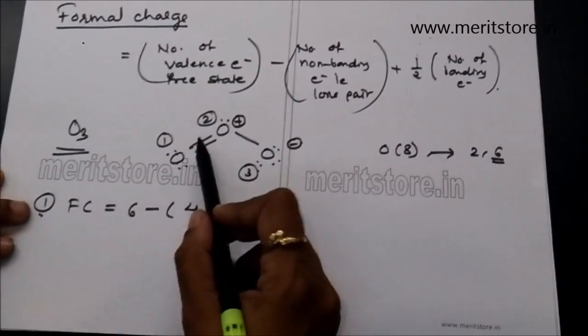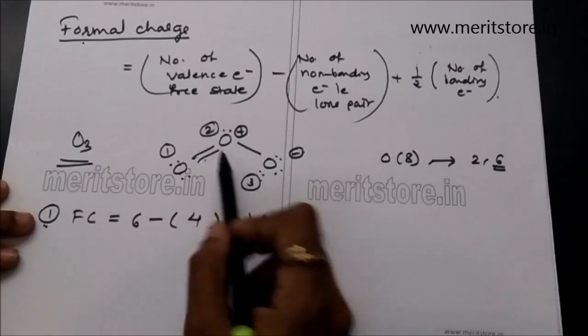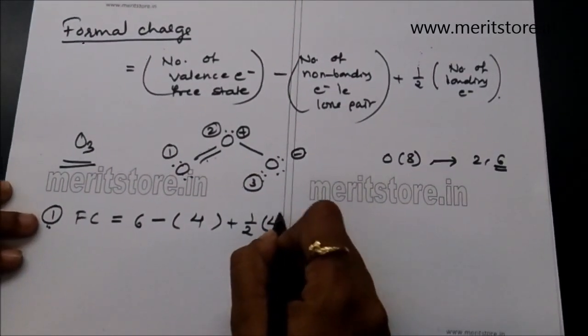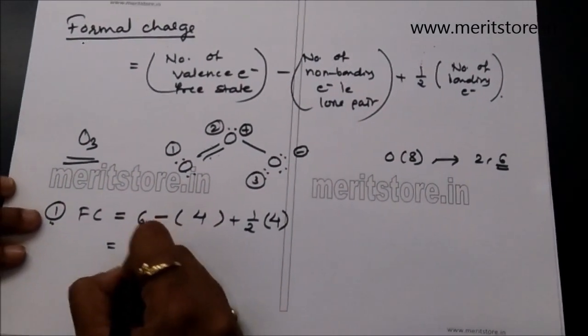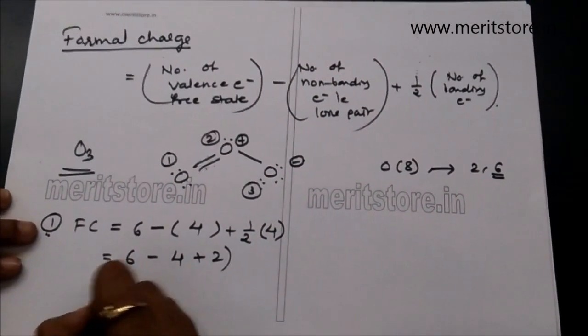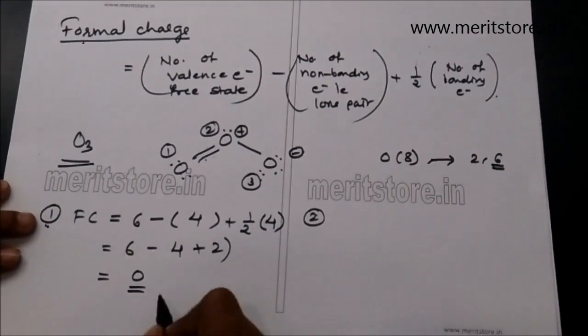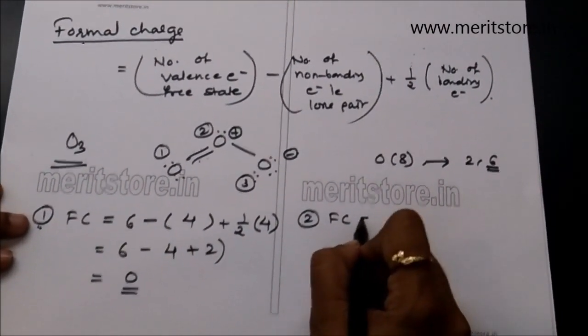Since this oxygen is bonded by a double bond, there are 4 electrons involved in this particular bond. So the number of bonding electrons is 4. So this is 6 minus 4 plus 2, so it is 0.